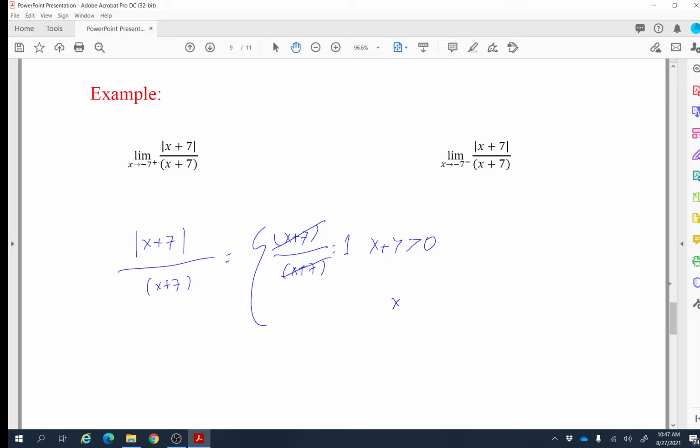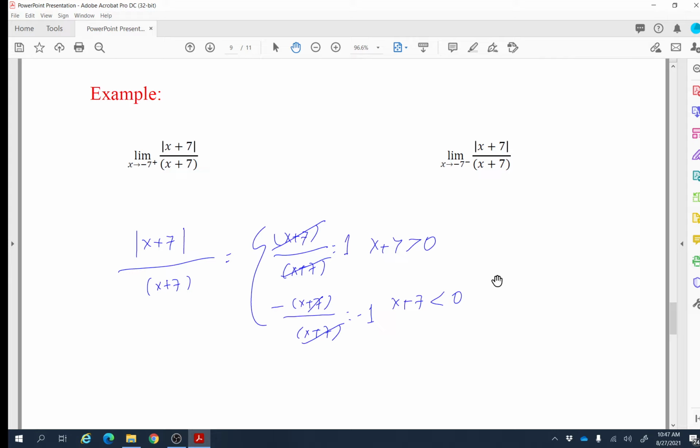And if x plus 7 is less than 0, this value on the top would be negative of x plus 7 over x plus 7. If you cancel it, it gives you negative 1. When x plus 7 is 0, this function is undefined, so we don't have any value.